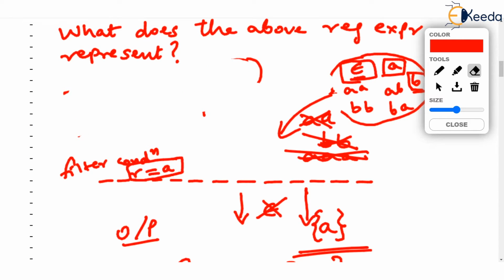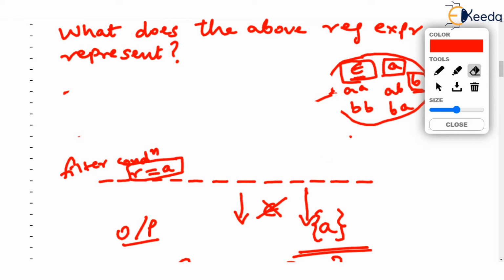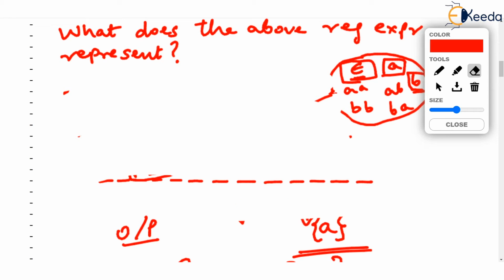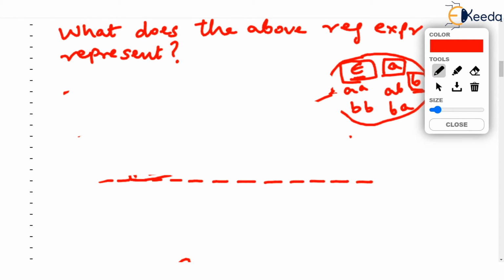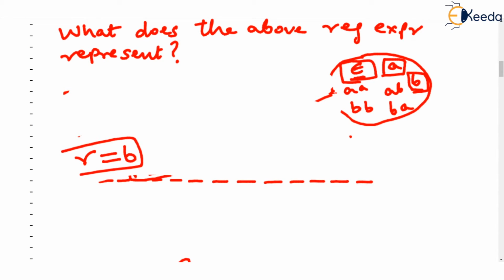So what if the regular expression we are thinking about is R is equal to B, let's say. Oh, that's simple, you might be saying. Suppose now we have the regular expression as R is equal to B. This is the regular expression.